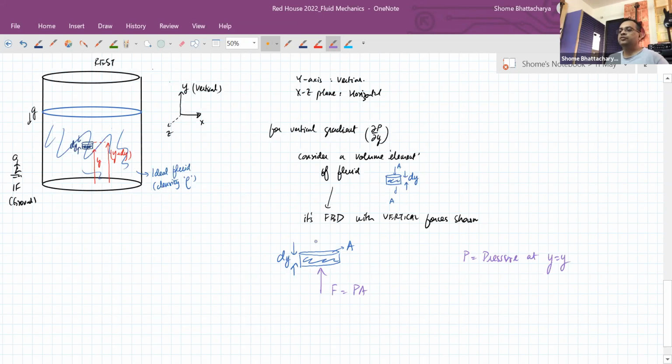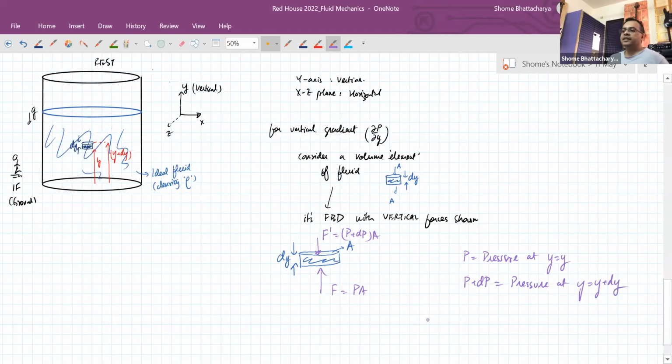Then the force acting from above on the upper surface downwards will become, let's say, some F prime, which will be P plus dP into A, because we are assuming that the pressure is varying with the y coordinate. So P plus dP is equal to the pressure at y equal to y plus dy.